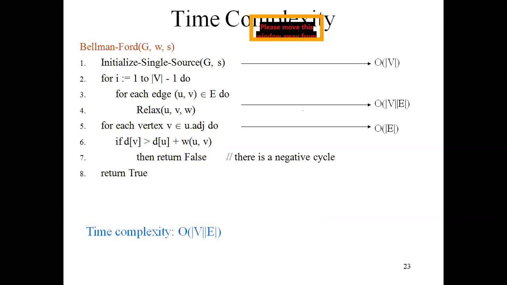So this is the algorithm you can consider. Now the next one is time complexity. What is the time complexity of the Bellman-Ford algorithm? Since we are initializing the single source function, each and every vertex with infinity, we are considering all the vertices in the graph.